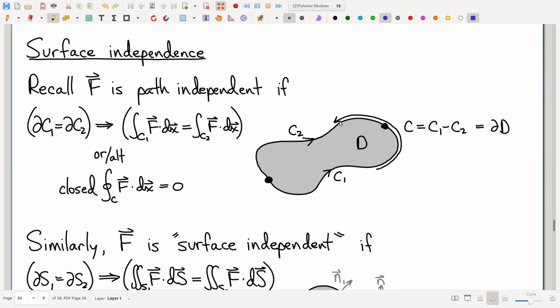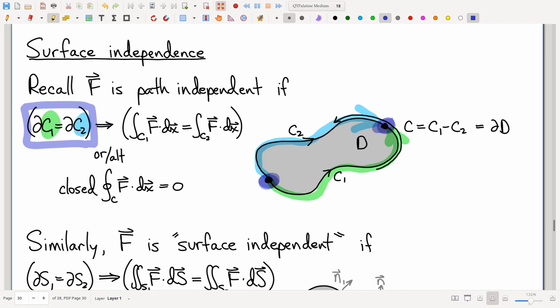On to something new now. So y'all remember path independence. And just to set up an analogy, let me go through a quick reminder. Path independence entertains the situation where we have 2 curves, C1 and C2, that have the same boundaries. That is, they start at the same point and they end at the same point.